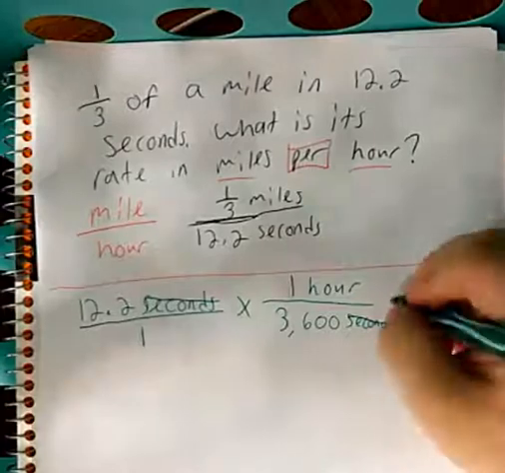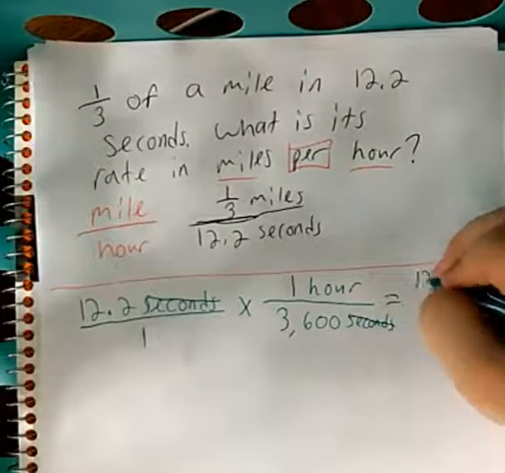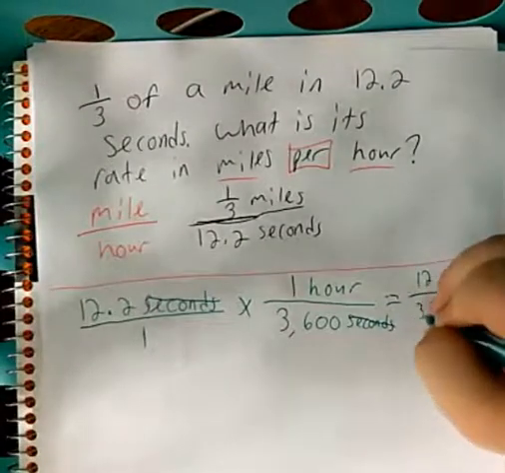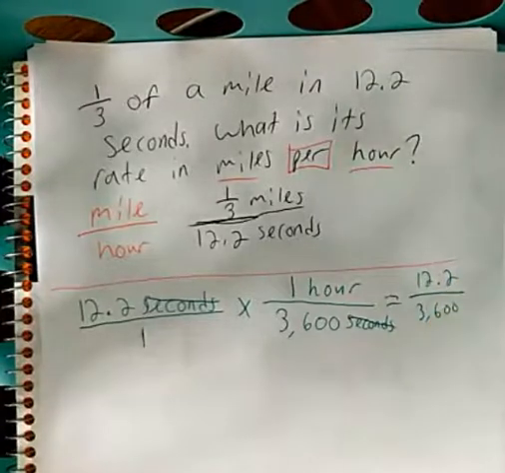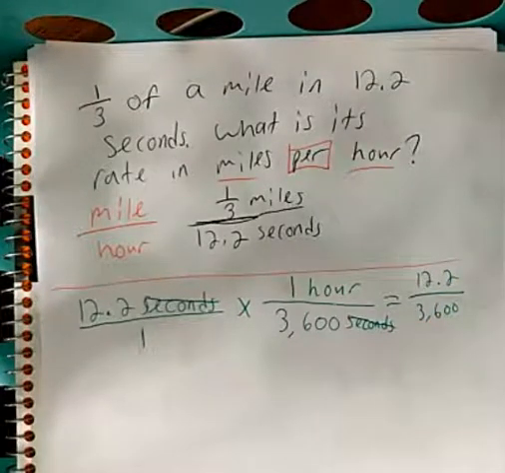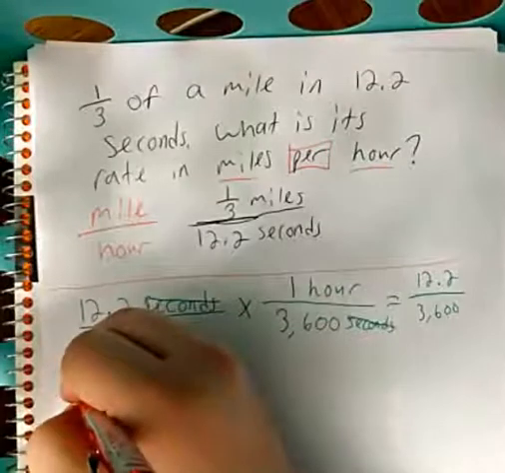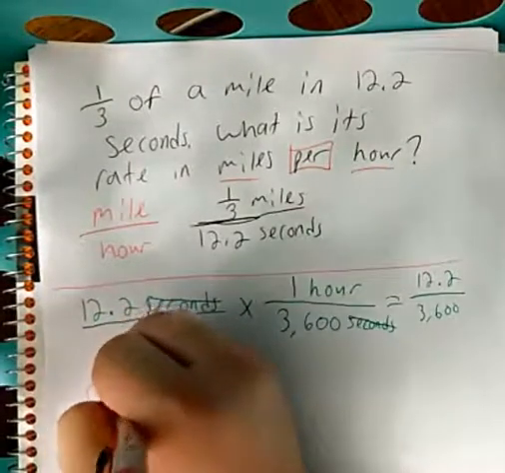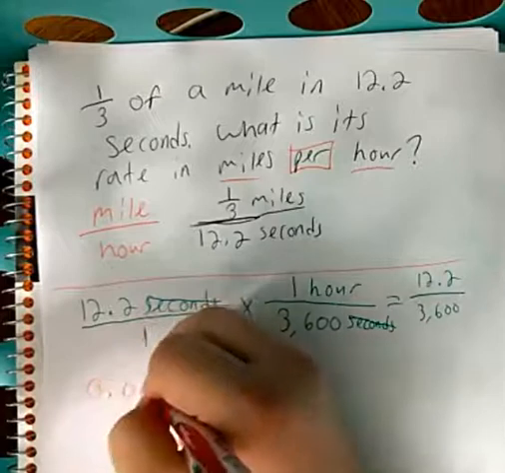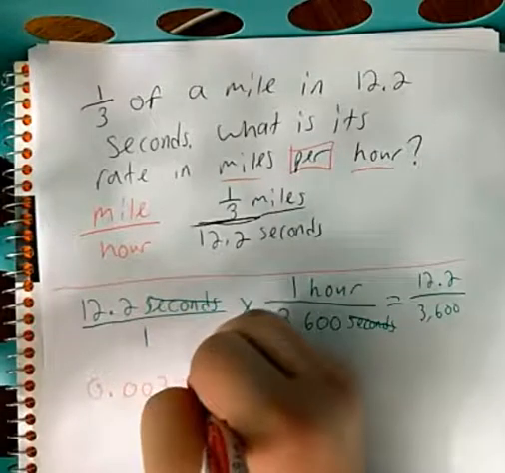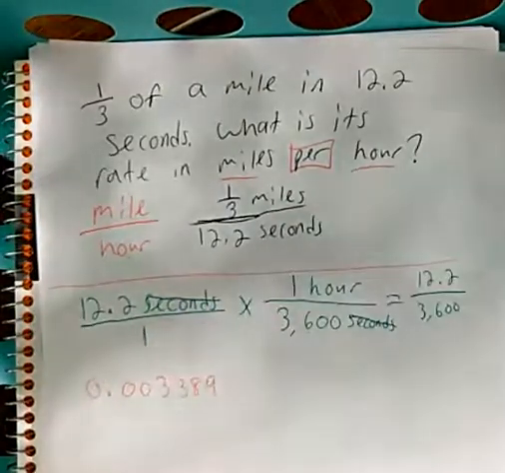So now we're going to go through and multiply. So 12.2 divided by 3,600. Now I'm going to use my calculator. And I got 0.003389.